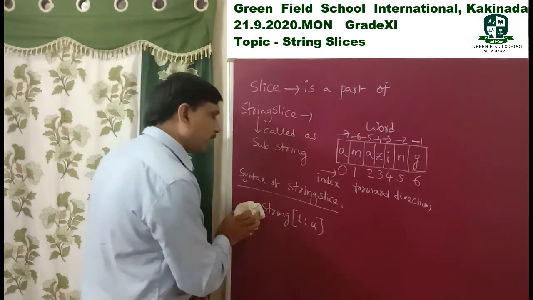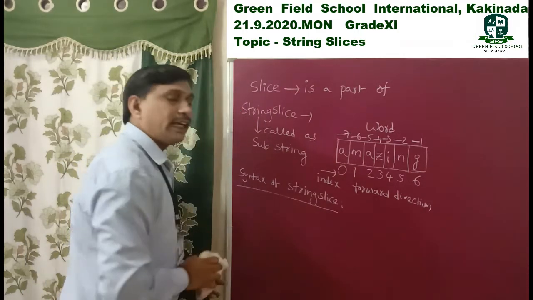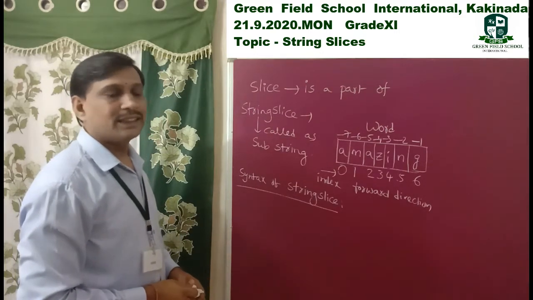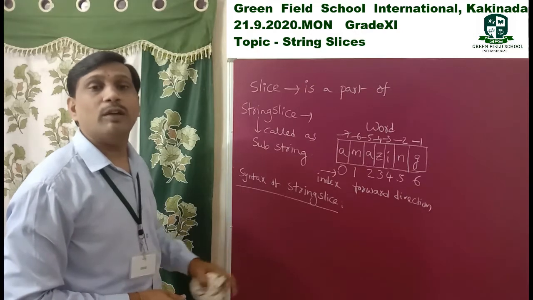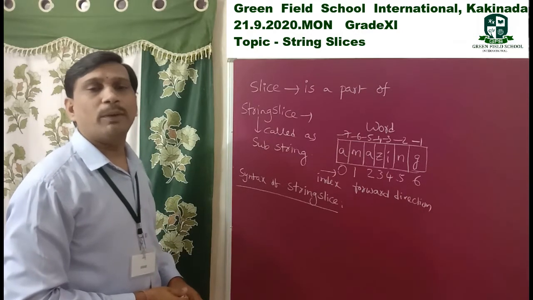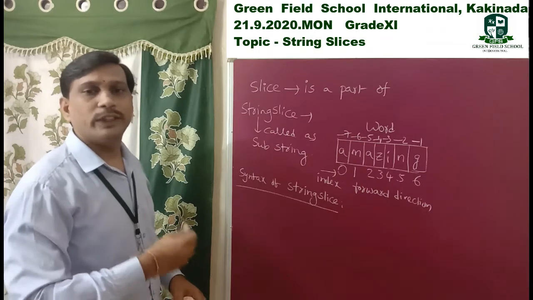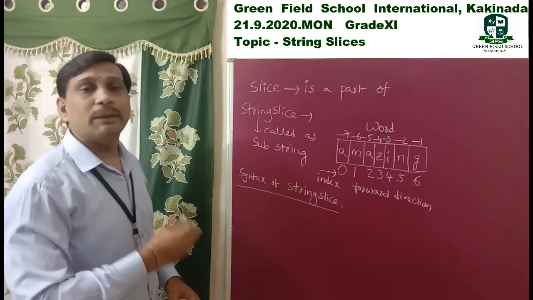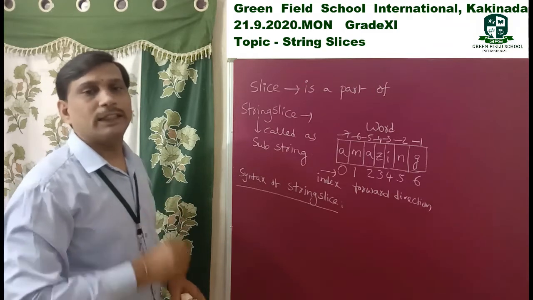Consider one more example. I write one more syntax of string slices. Here I write the lower bound and upper bound, and with each step we can add plus 1. So step incrementation here is plus 1.